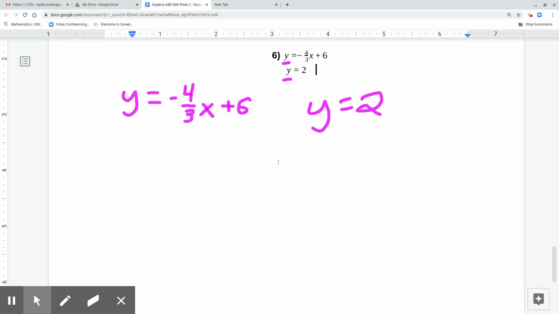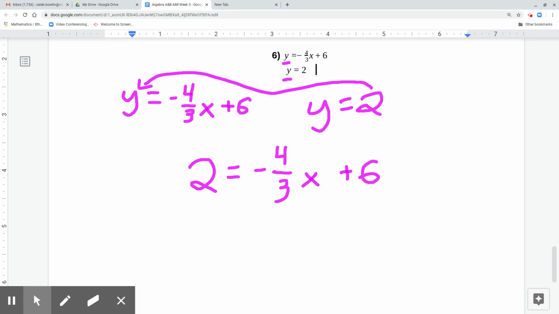The biggest takeaway is that whenever I'm solving a system, if one of my equations is just y or x equals a number, all I have to do is substitute that value into the other equation. So I take the number 2 and replace y in the other equation with it.